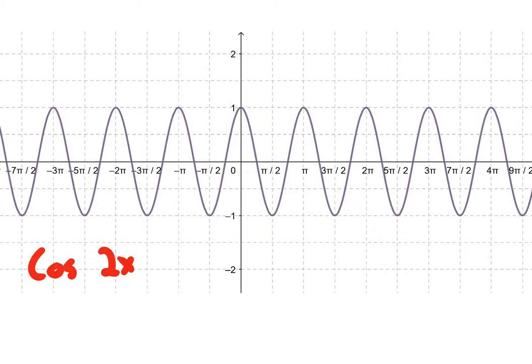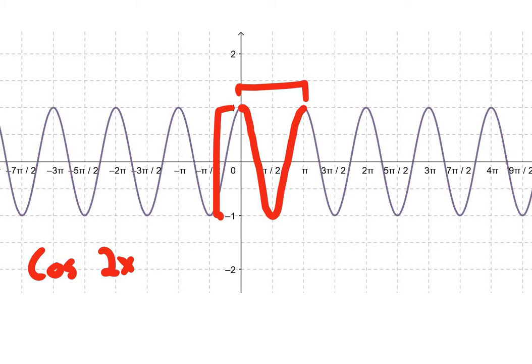In this one then, cos of 2x, exact same again. Its range is between 1 and minus 1. However, its period, it starts here, it goes down and up, 360 degrees divided by 2, so its period is 180 degrees.